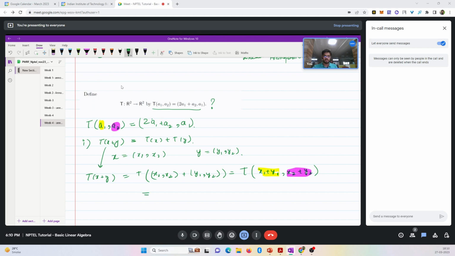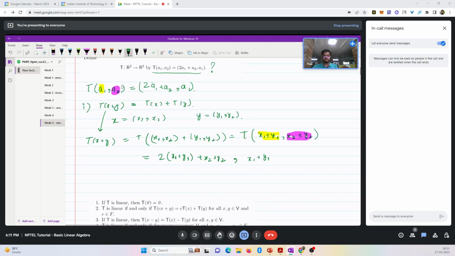What we obtain is 2 times x1 plus y1, plus a2, which is x2 plus y2, comma a1, that is x1 plus y1. If you simplify it a bit further, you will obtain 2x1 plus x2 plus 2y1 plus y2, comma x1 plus y1.